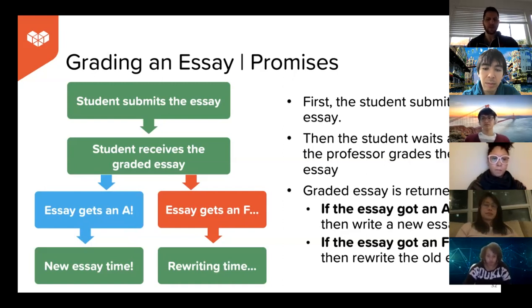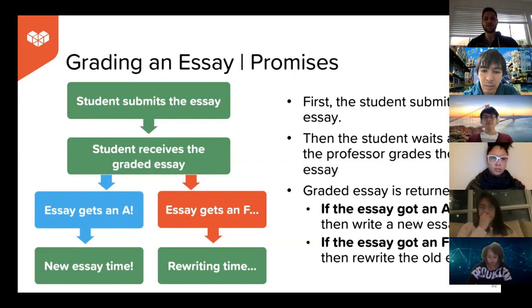So promises. Let's take a look at how promises might work. The example that we're going to think of is grading an essay. You submit an essay and then something happens over there that you don't quite have control over. And then eventually you're going to receive that essay. And then you've got options. You've waited to receive this thing, and once you do, now you take some next actions.